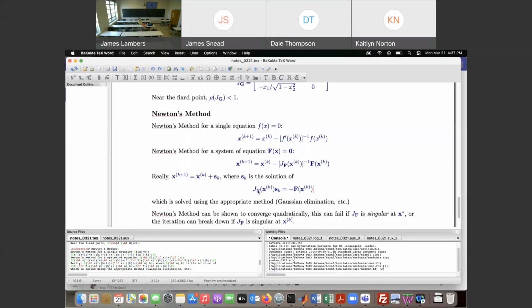Similarly, if the Jacobian at the root is singular or not invertible, then we could have this iteration breaking down, or at least convergence would slow. So this is the same kind of pitfall. We're just describing a situation in linear algebra terms this time.